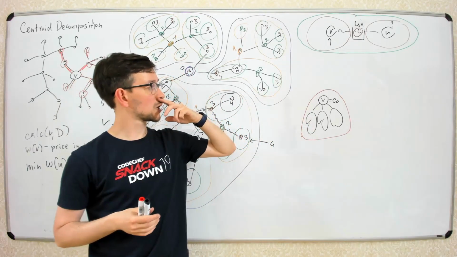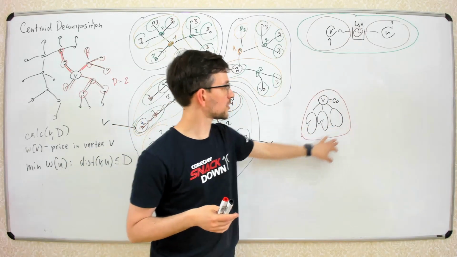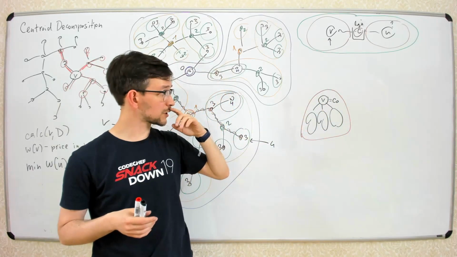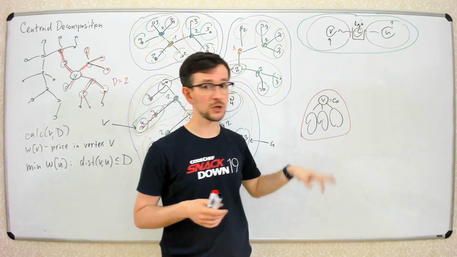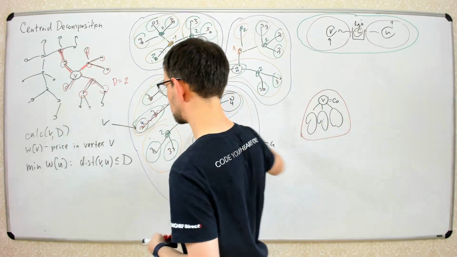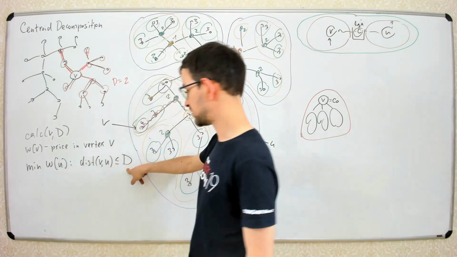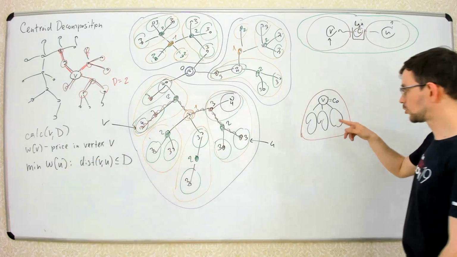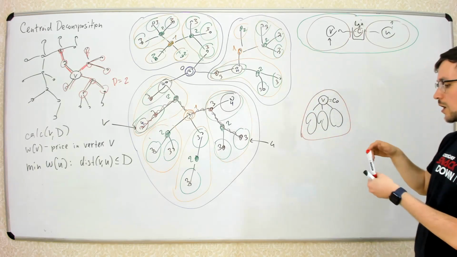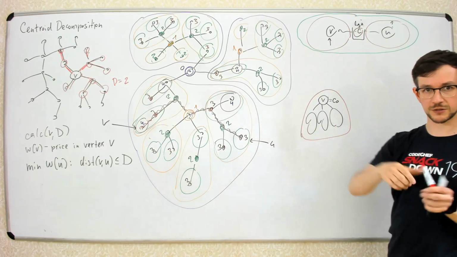Let's go. First let's calculate the answer for this component. How to calculate the answer for this component? Well, it's pretty simple. We need to find all the nodes inside this component with distance no more than d. What we will do is take all the nodes of this component and sort them by the distance.